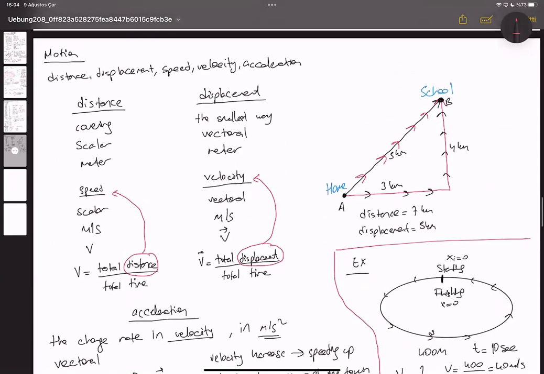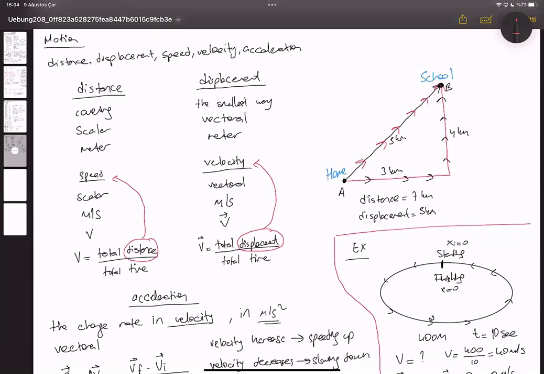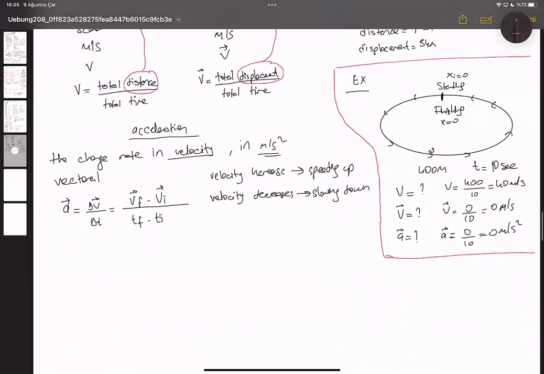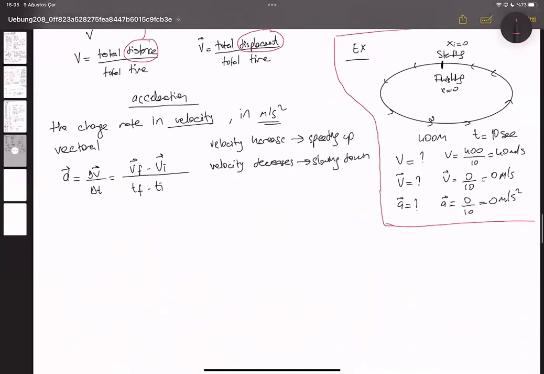We use distance in speed calculations. Displacement is used for velocity calculations. When we look at acceleration, acceleration is used for the changing velocity in changing time.